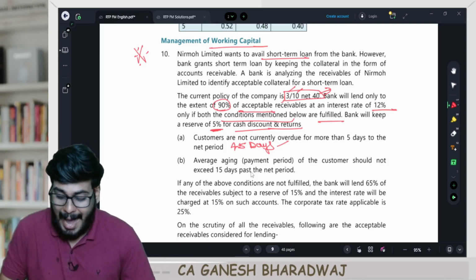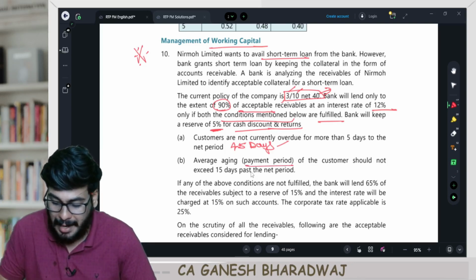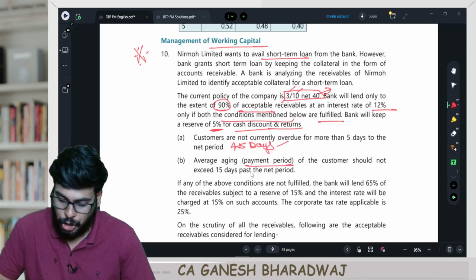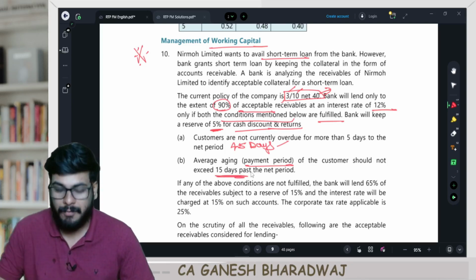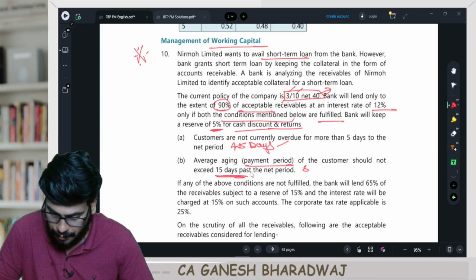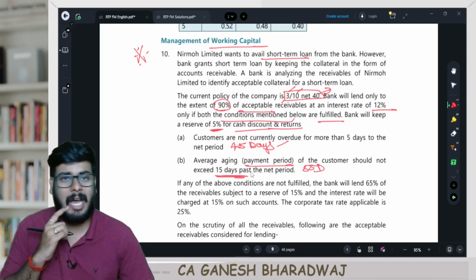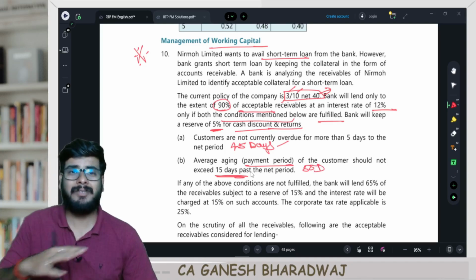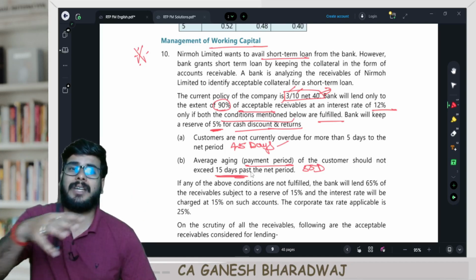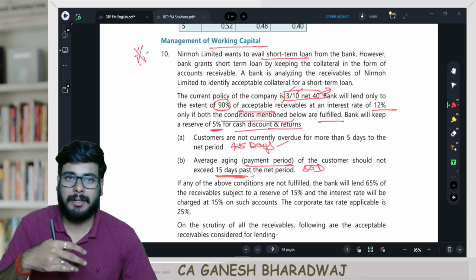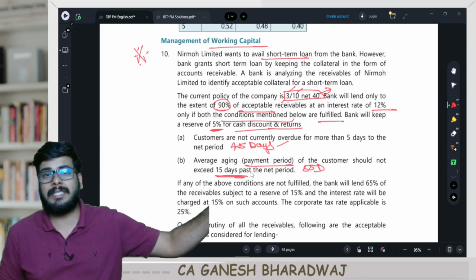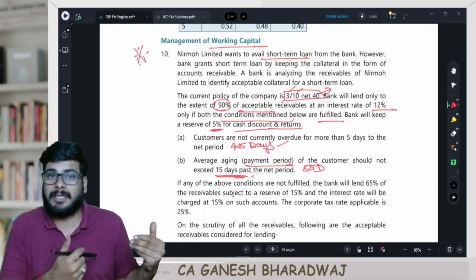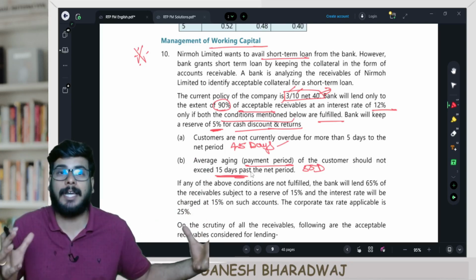The next one, average aging means what? Payment period of the customer should not exceed 15 days past the net period. 15 days past the net period means what? 55 days. Average aging means average of all the time taken by every single customer in the past. Let's say to this customer I have supplied goods, let's say 10 times, right?